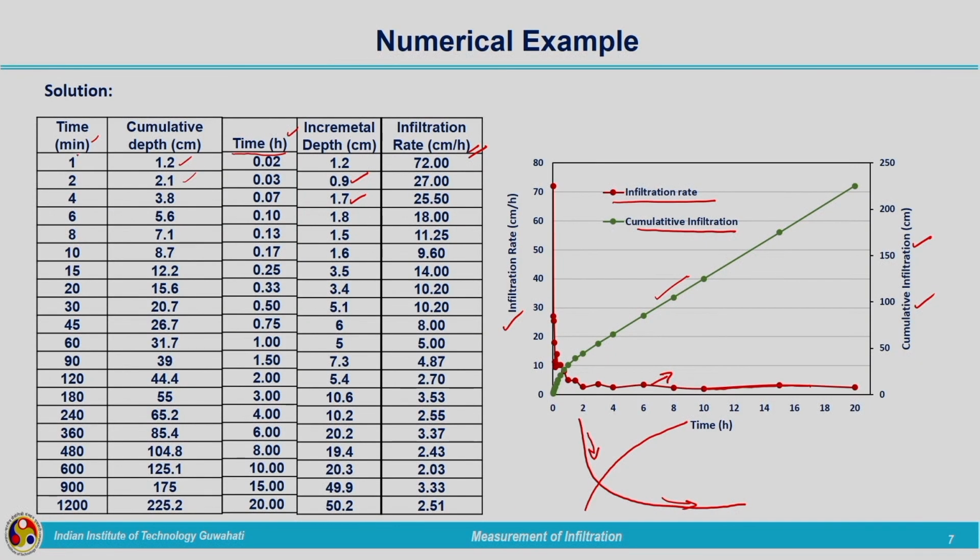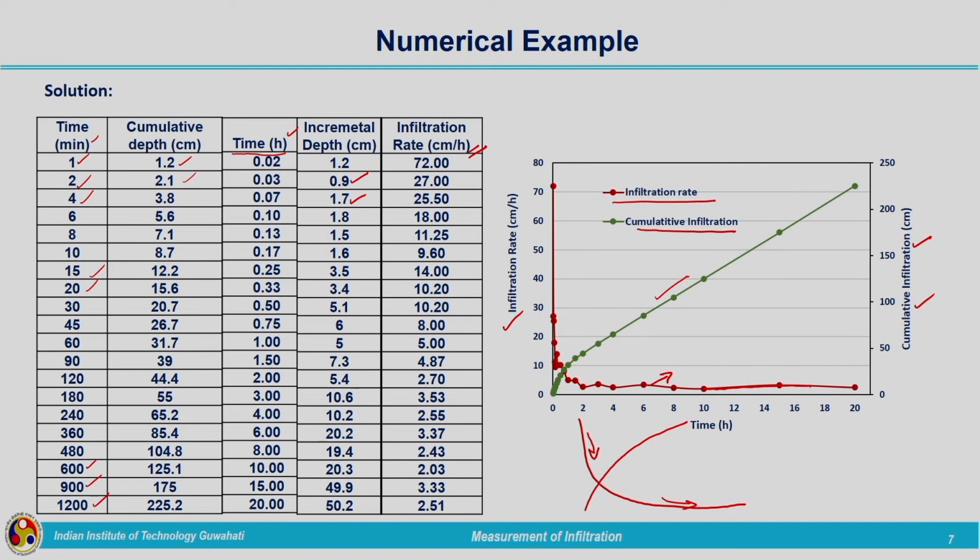Here you can see initially measurements were 1, 2, 4, that way initially the time increment was low, 1 minute, 2 minutes, then it has increased to 4, 6, 8, 10, then 15, 20, and finally you can see 600, 900, 1200.